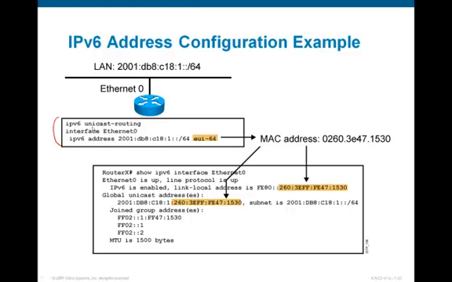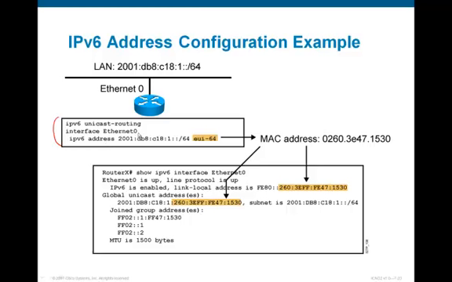To configure an IPv6 address on the Cisco router, we simply go to the global mode and configure ipv6 unicast-routing, because IPv6 routing by default is disabled. So once this IPv6 unicast routing feature is enabled, we can proceed to assign an IPv6 address on the respective interface.